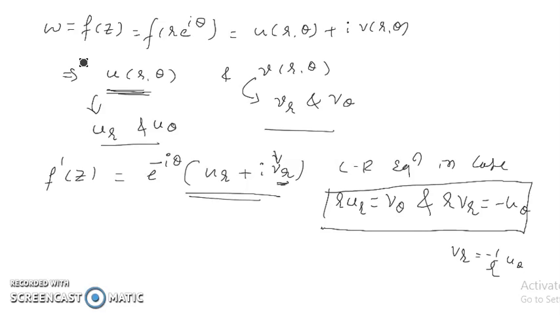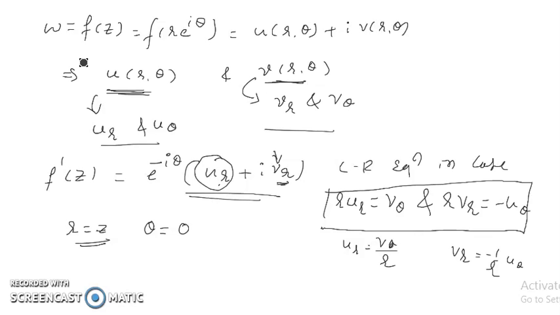If the imaginary part v of r comma theta is given, then in place of u r, we write u r is equal to v theta over r. So this is what we replace here. And then wherever r is there, we substitute z, and wherever theta is there, we substitute 0.